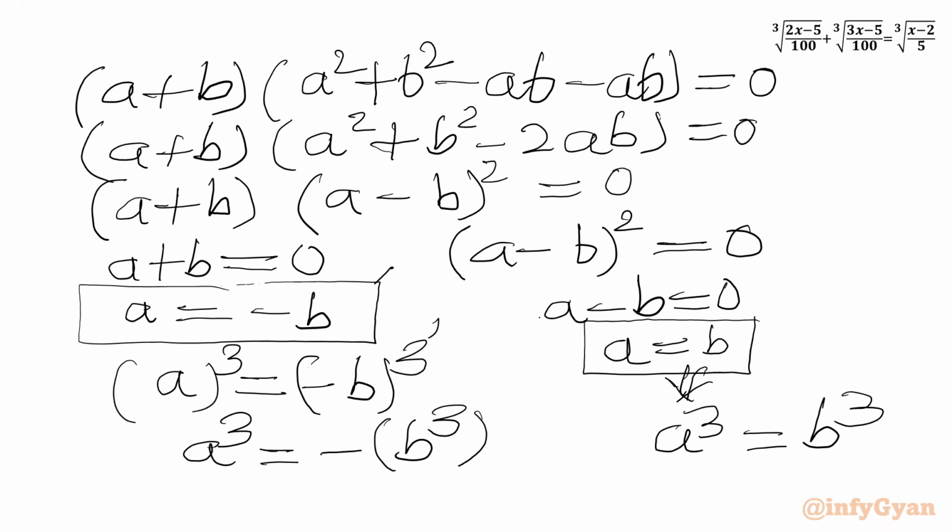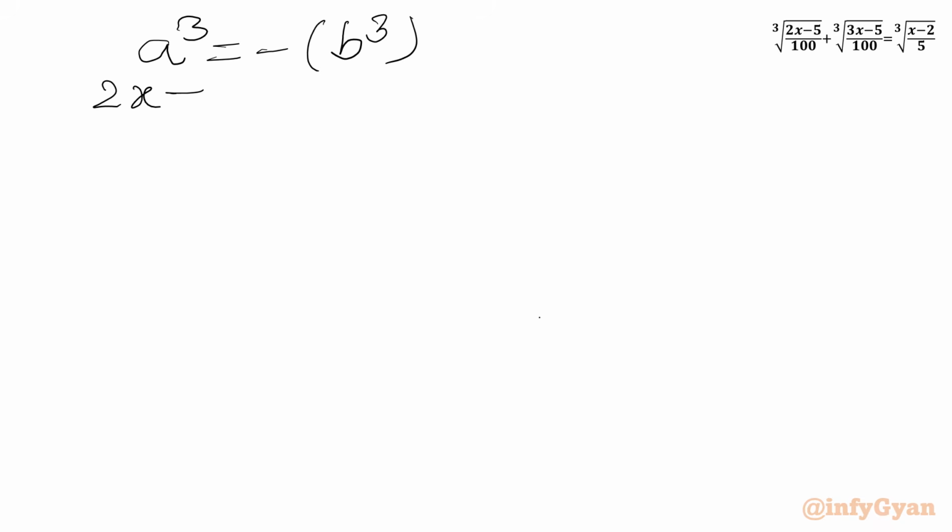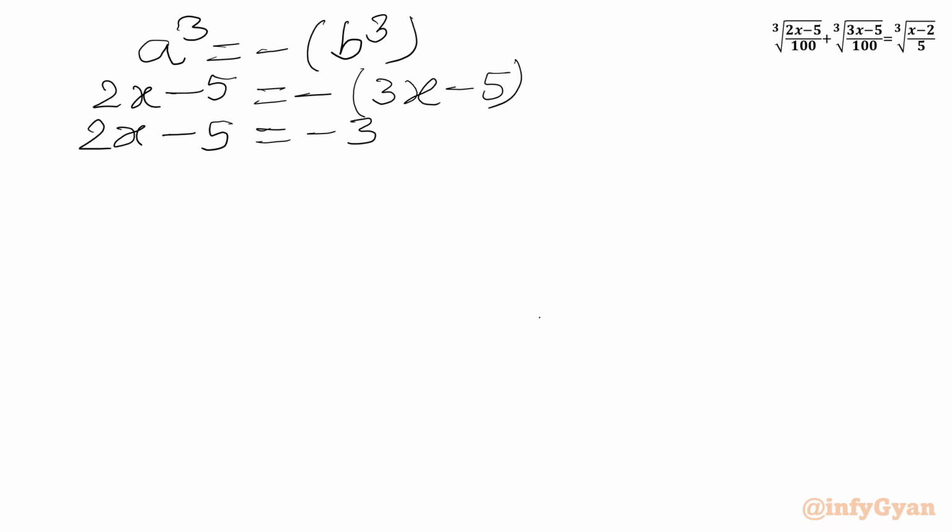Now we have a cube 2x minus 5, b cube 3x minus 5. So we will consider our first equation, a cube equal to minus of b cube. A cube is 2x minus 5 and b cube is 3x minus 5. Now we'll write 2x minus 5 equal to minus 3x plus 5.